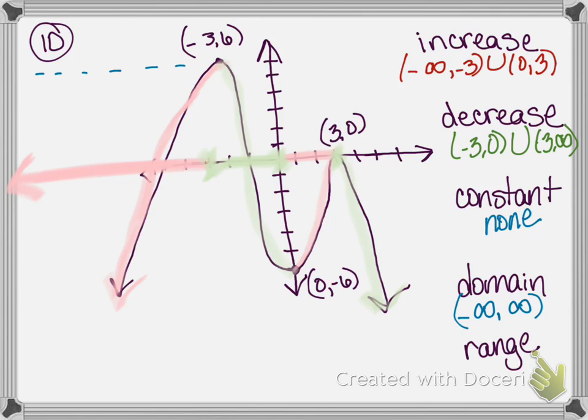However, my range, I don't ever go above this dotted line right here, and that dotted line is y equals 6. So my range, I've got negative infinity to 6. And on the answer sheet, I've got a parenthesis right there, but it should be a bracket because 6 is included. So for my range, I go from negative infinity to 6.